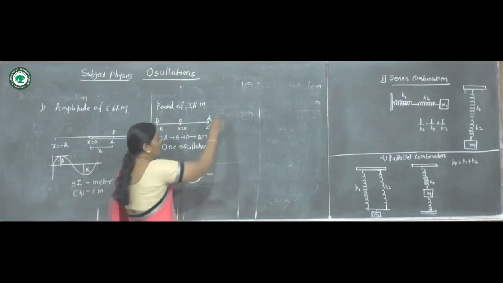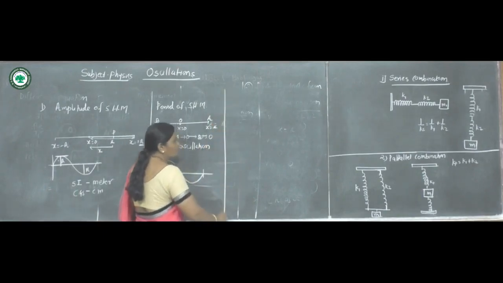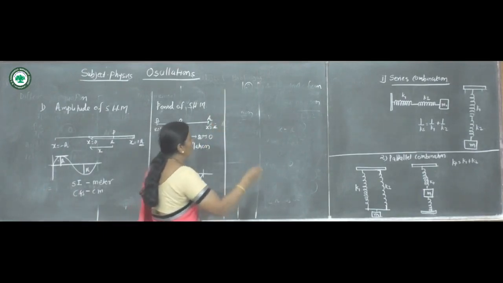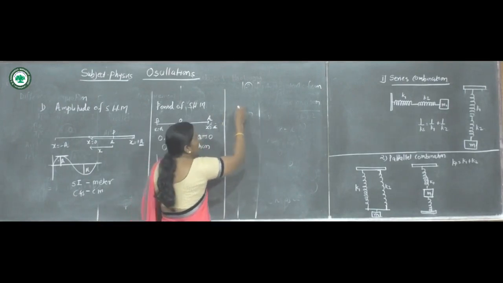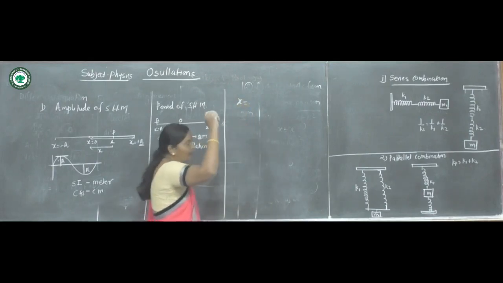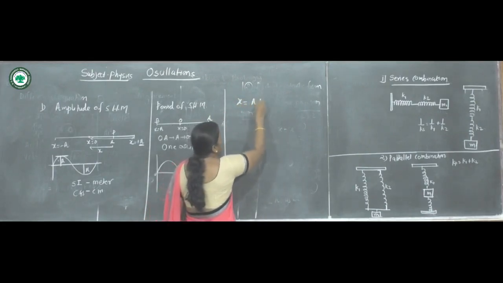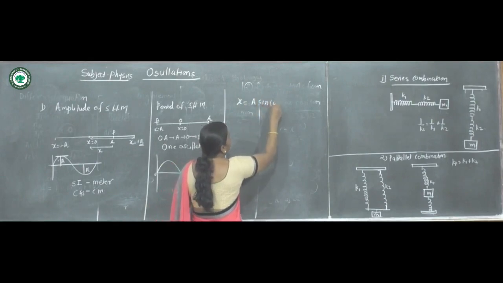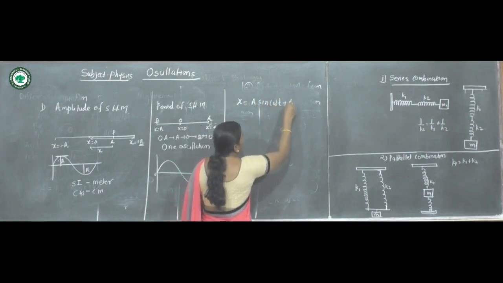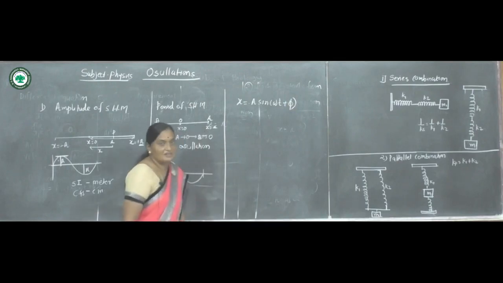Now see, we derive a small expression for the period. We have the equation x is equal to A sin(omega t plus phi). This is the expression for displacement.